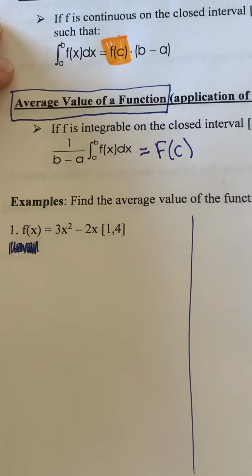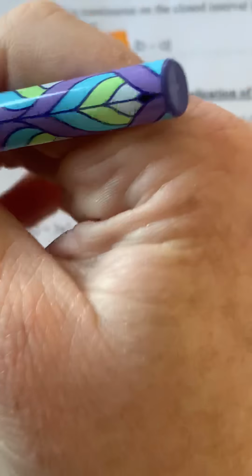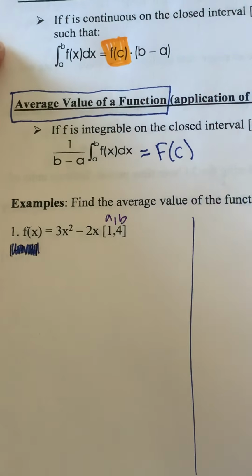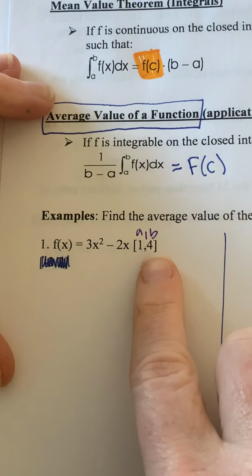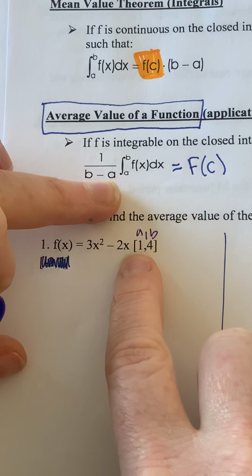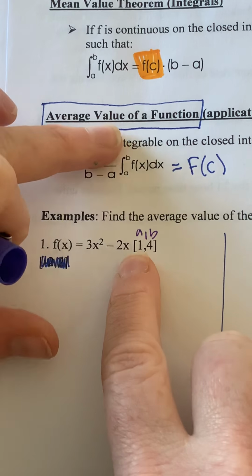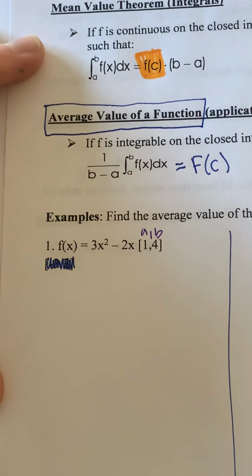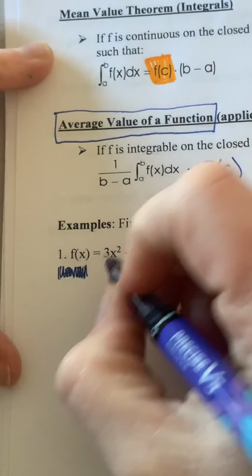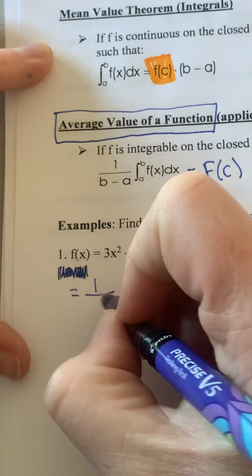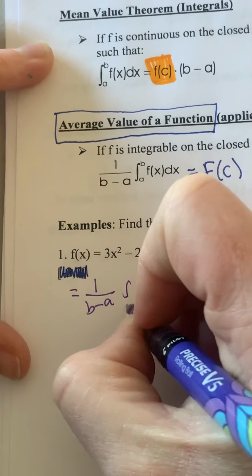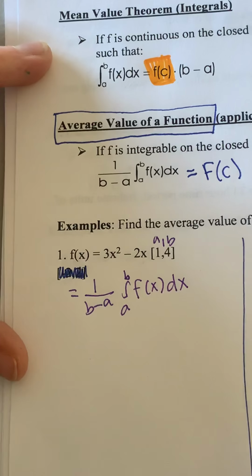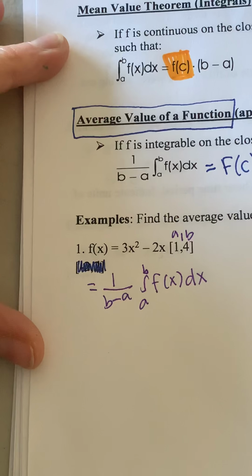Okay, so let's look. We have f of x on an interval from a to b. So when we do the formula here, b is going to be 4 and a is going to be 1. Then we'll take the integral from 1 to 4 of f of x, the function, to find its average value. So this will be 1 over b minus a times the integral from a to b of f of x dx. And let's just substitute everything in.